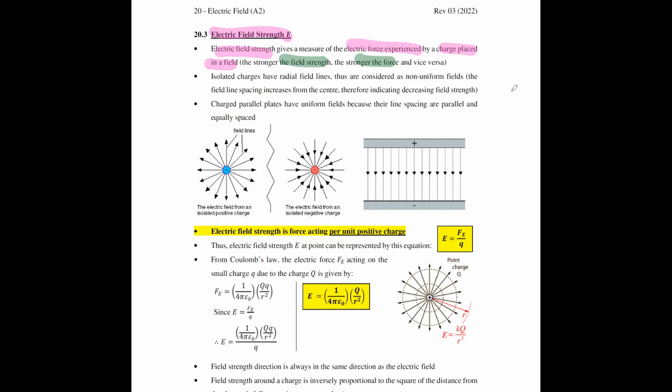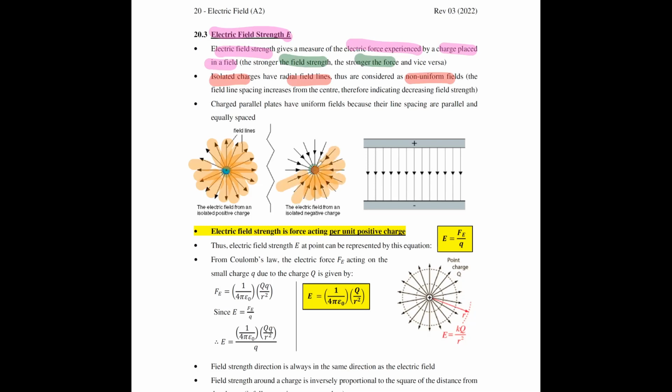Now, isolated charges, as I mentioned before, have radial field lines. They are not considered to be uniform fields. They don't have a uniform field strength throughout. Look at the example below: this is the positive test charge, this is the negative test charge. The field lines are radial by nature, like this.